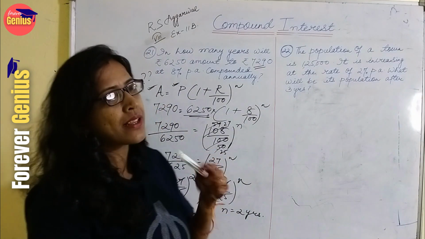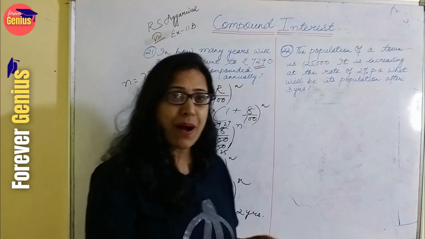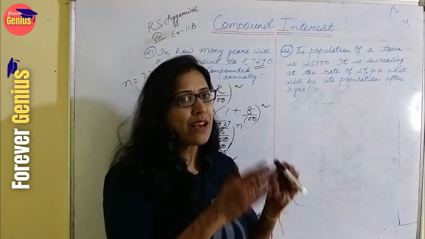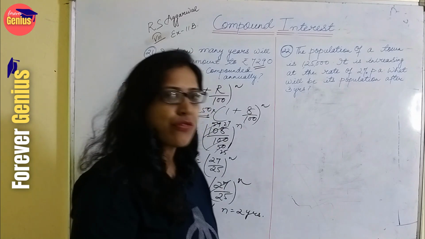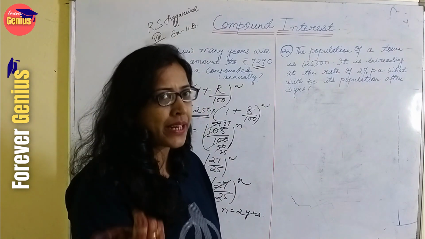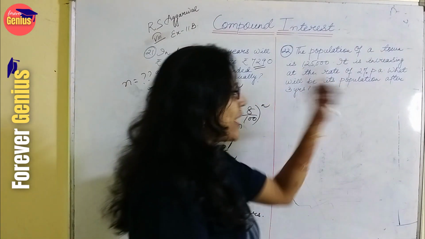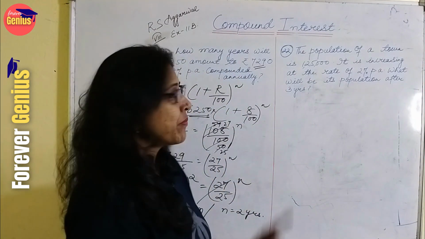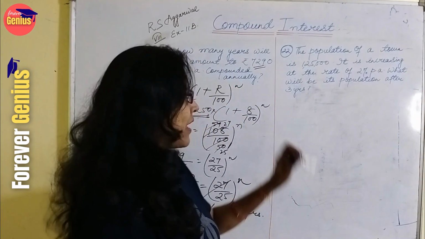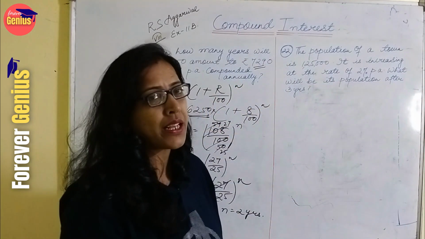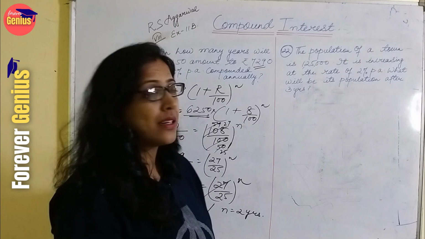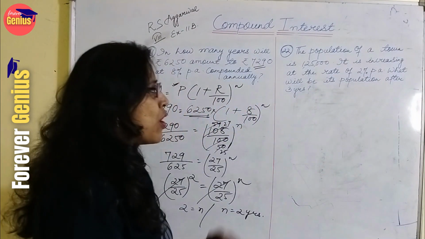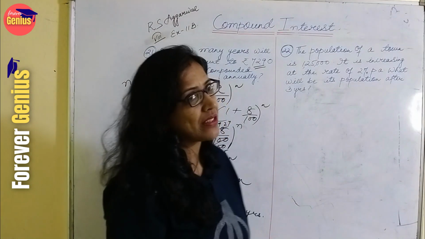Means yearly it is increasing by 2%, means compounded, means on the population which has increased, that population is giving a rise of 2% increase. So we are doing it in a compound interest method. We cannot use the simple interest method for calculating the increase of population in a town. What will be its population after 3 years?